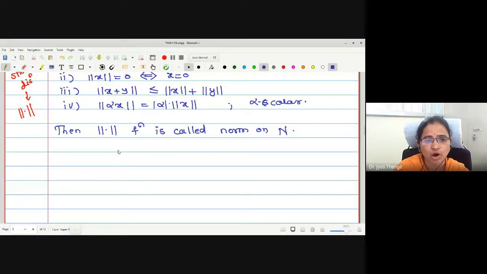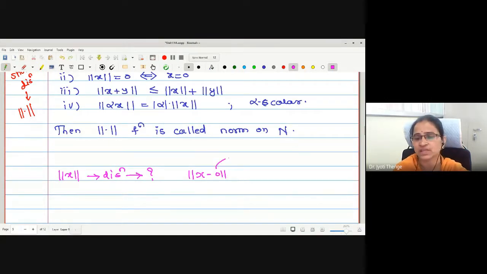So whatever norm x we were writing, what does this norm x suggest? No doubt this is the distance, but distance between what? Actually I can write this as the norm of x minus 0.